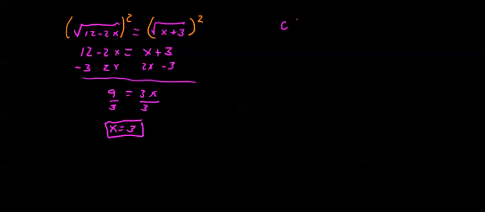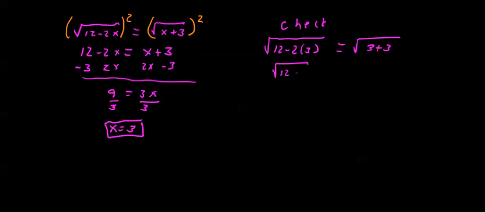My check in the original equation: the square root of 12 minus 2 times 3 equals the square root of 3 plus 3. 12 minus 6, square root of 6, equals 3 plus 3, square root of 6, and it checks. We're good to go. Rather simple equation.